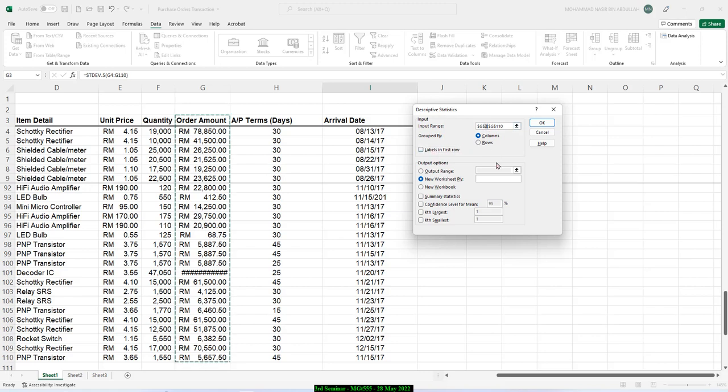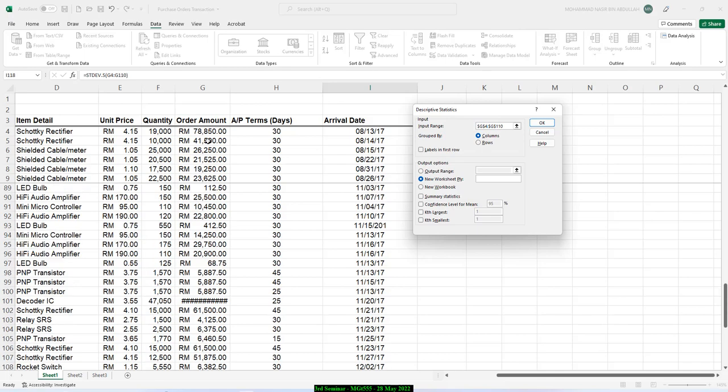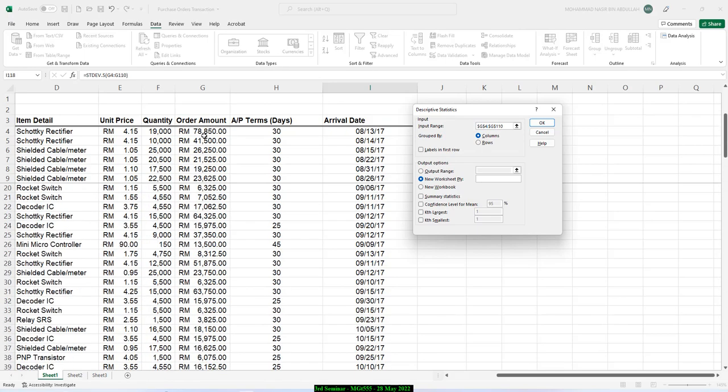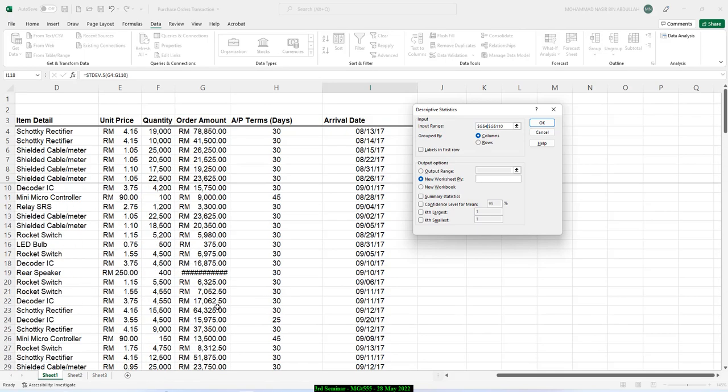Kalau kita tak pakai label, kita tak masukkan label, G4, you faham tak saya cakap apa ni? Maksudnya kita select data daripada G4 to G110, maksudnya tak termasuk nama order amount ni lah, kita uncheck label in first row. Maksudnya kita biar kosong. Kalau kita select daripada order amount sampai bawah, kita check label in first row.